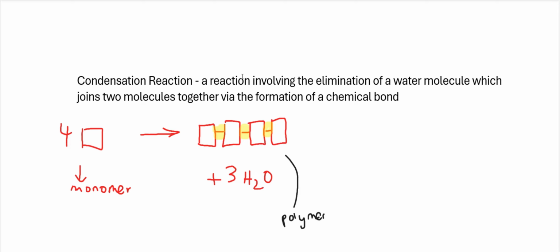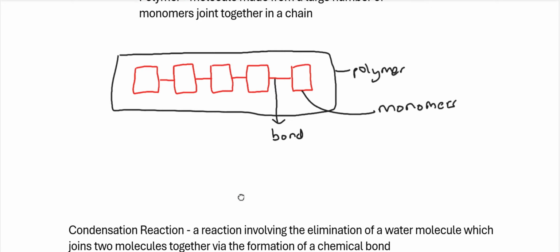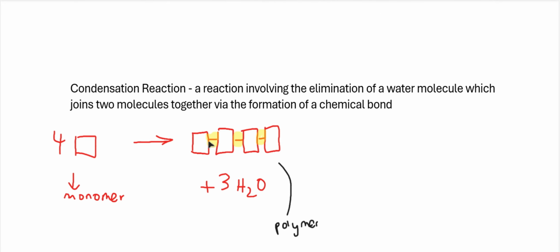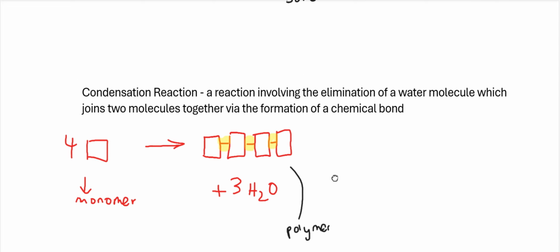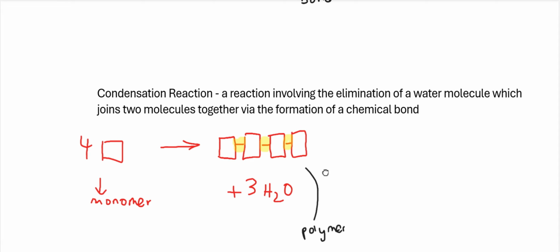The polymer is the same as I've presented here, just fewer monomers creating the polymer. The part highlighted in yellow shows the chemical bonds, which are just here. And the reason we have free water molecules as a byproduct is because of the elimination of water that involves the formation of a chemical bond.